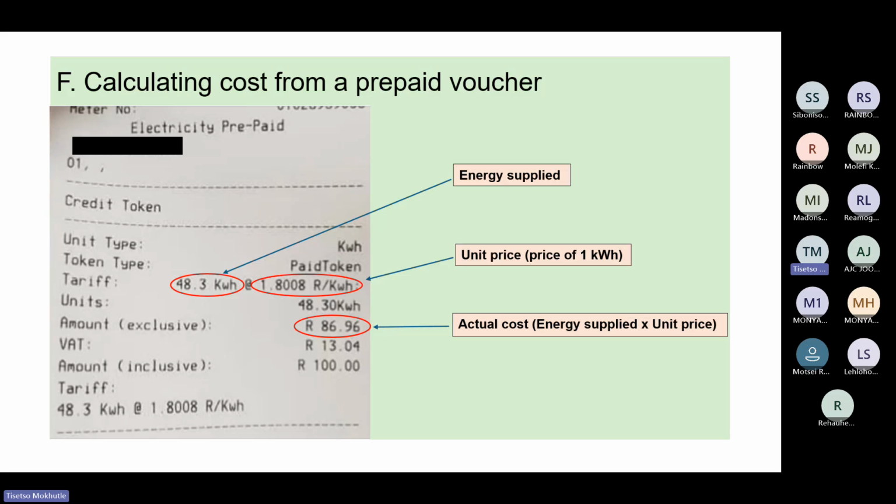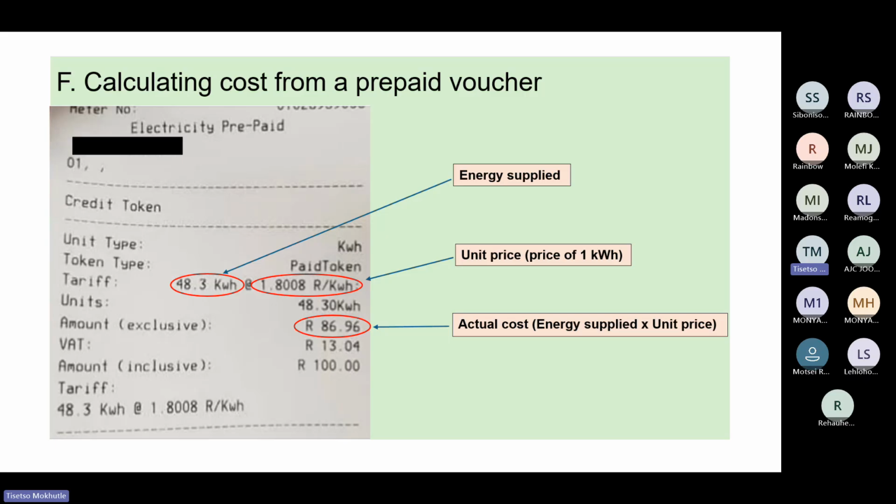At what price? For every kilowatt hour, they are charging us R1.80. So from this, we've got the price, we've got the energy. You can always determine the cost. The cost, remember, is the energy multiplied by the price.